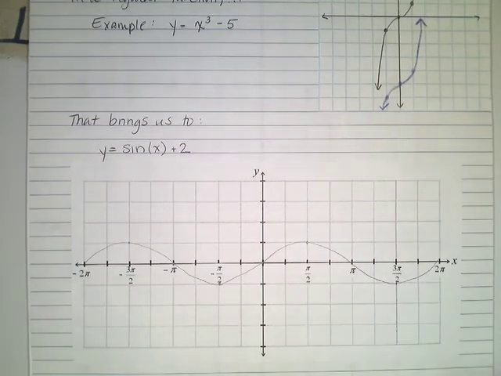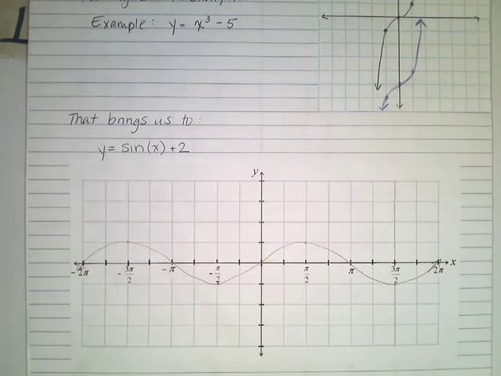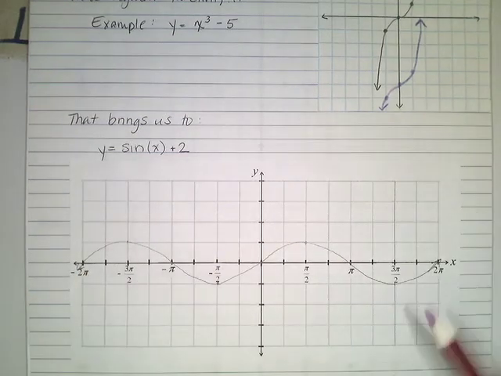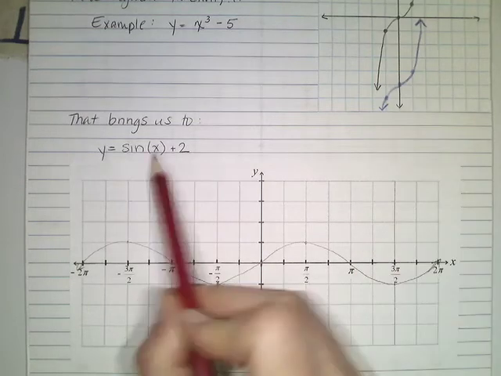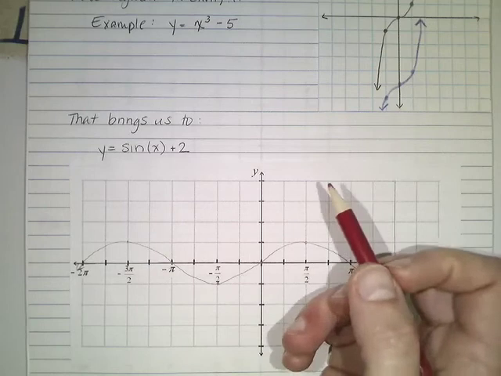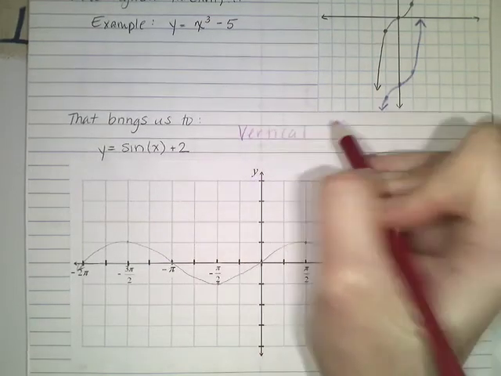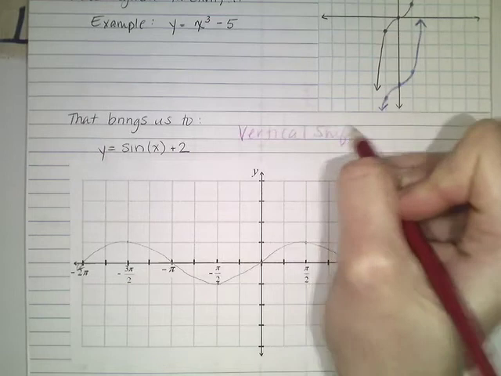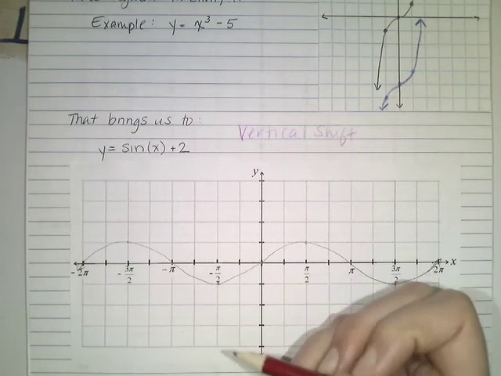And again, if it's not grouped with x, you're just adding 2, you're just physically shifting the graph up 2. So this is your vertical shift. It is the exact same concept that we learned with regular function transformations. They're all functions, right?